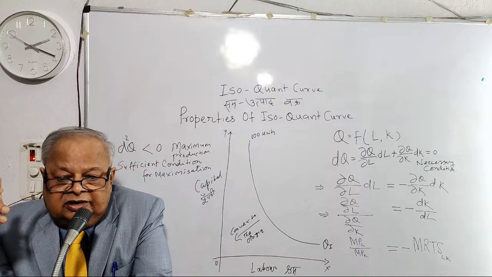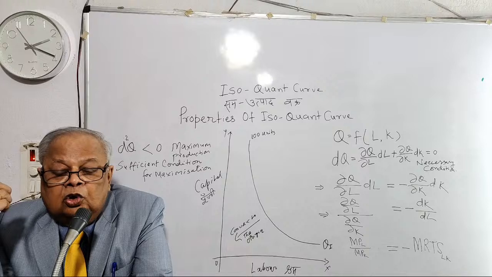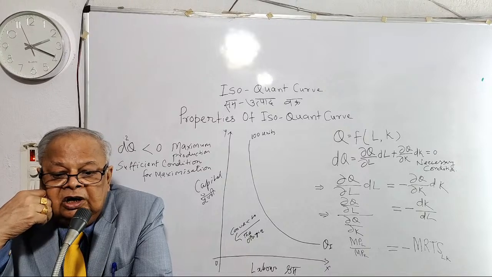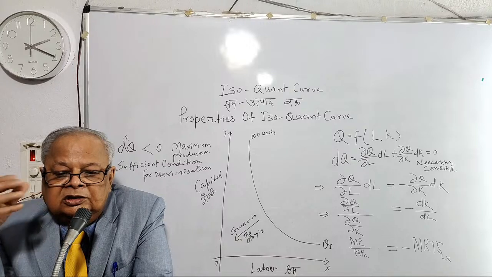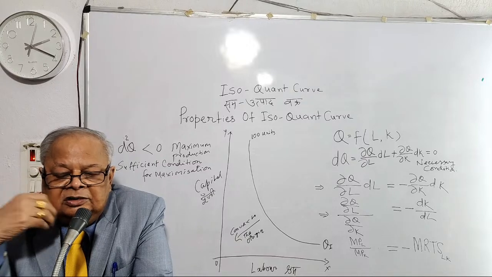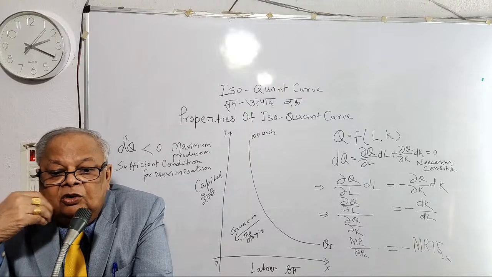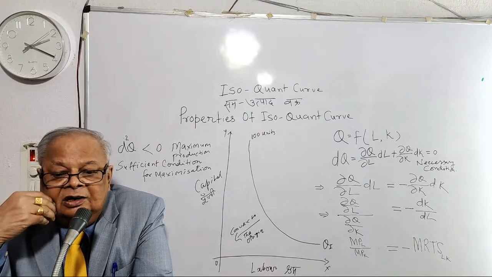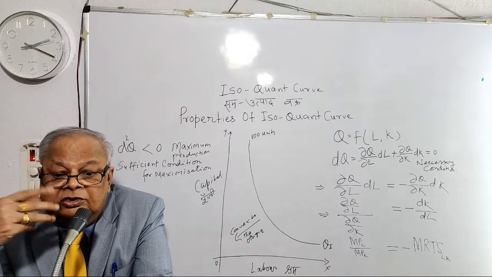Our country has a 140 crore population. And what is the population of USA? 37 crore only. And what is the population of Canada? 3.4 crore. 3 crore, just think.